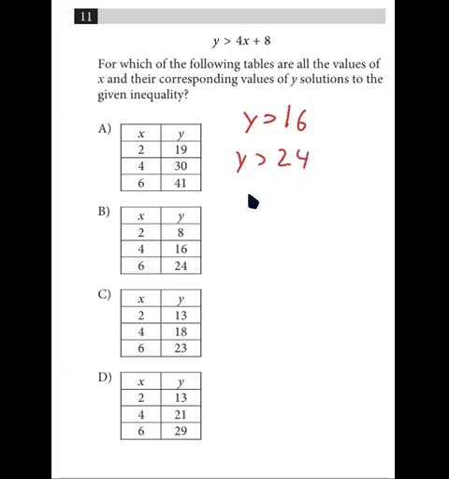So y has to be greater than 24. And then for the final one, we have 6, which means y has to be greater than 32. So the table has to follow this. In this case, 19 is greater than 16, 30 is greater than 24, and 41 is greater than 32. So the correct answer is A. The other tables' values are smaller. So the correct answer is A.